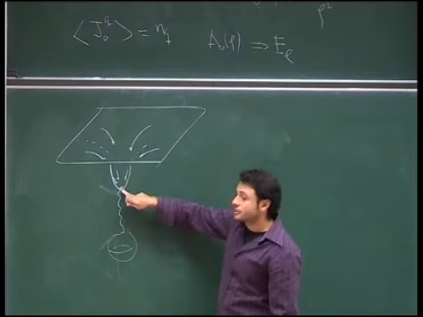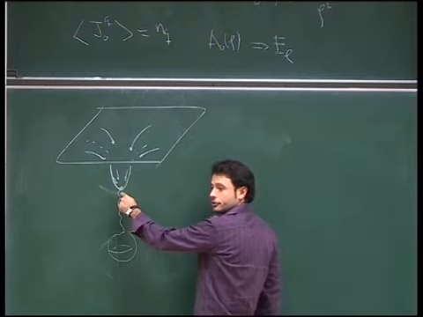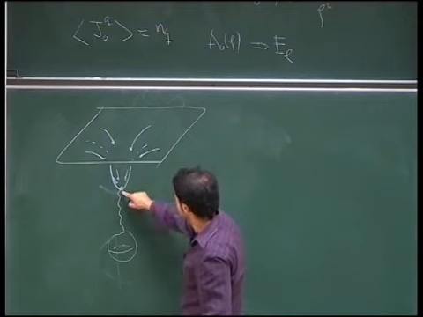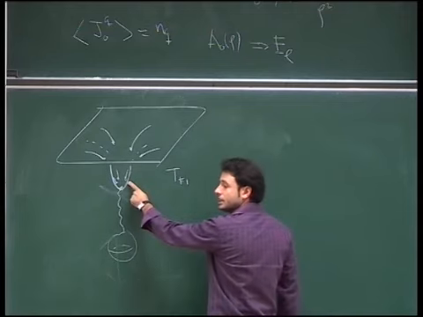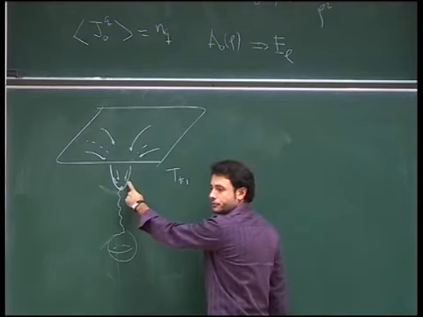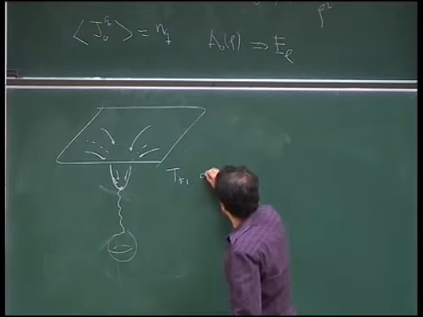What happens, which is very easy to check, is that the tension of the string always overcomes the tension of the D7 branes at the tip.